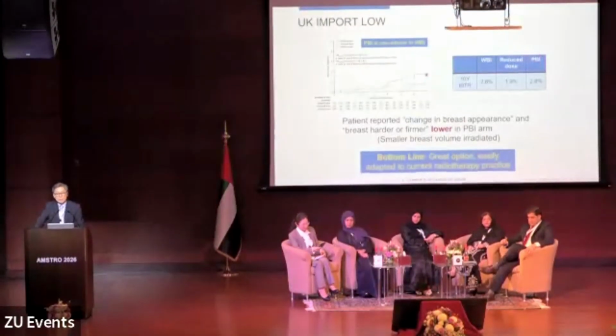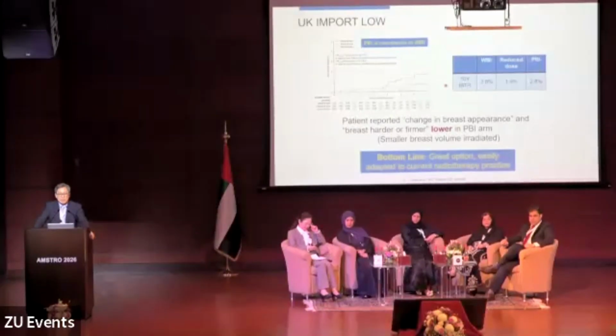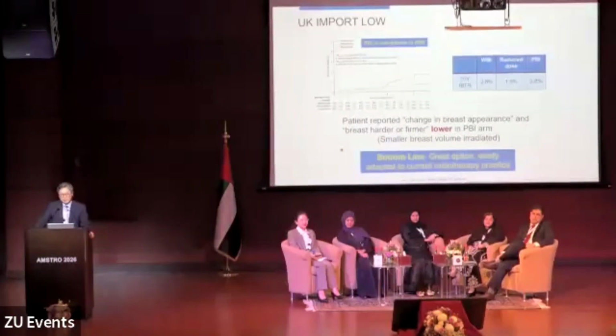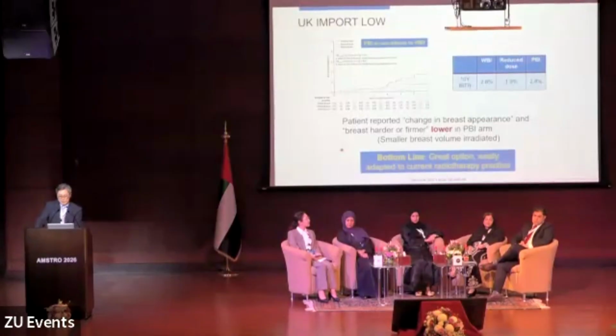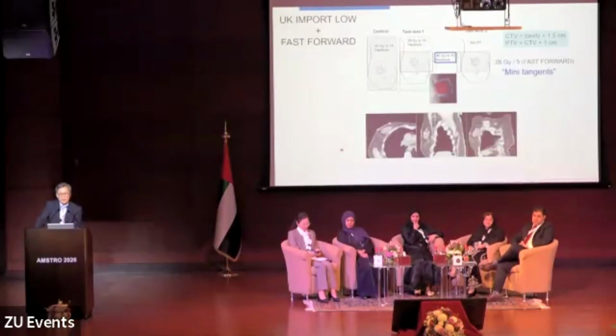And it shows that at 10 years, there was no difference in the in-breast tumor recurrence. And also the patient reported change in breast appearance, and the breast feeling harder or firmer was lower in the partial breast arm.